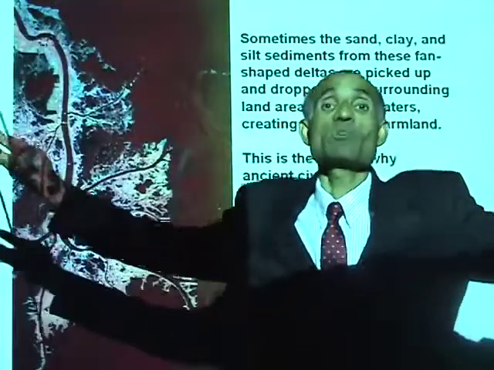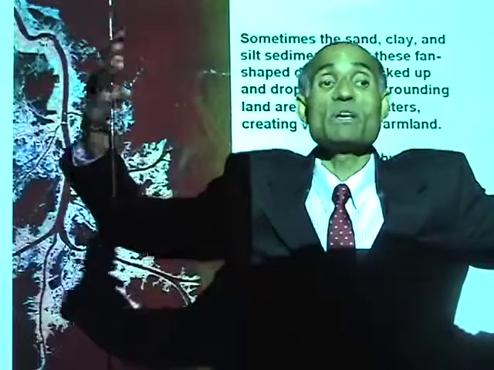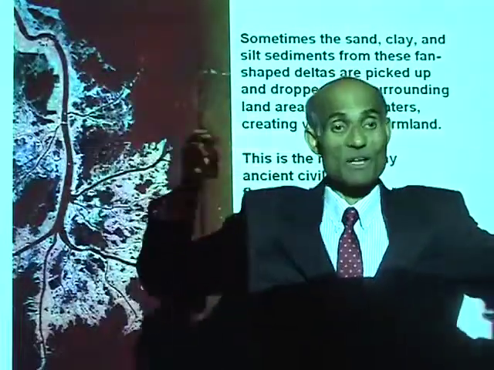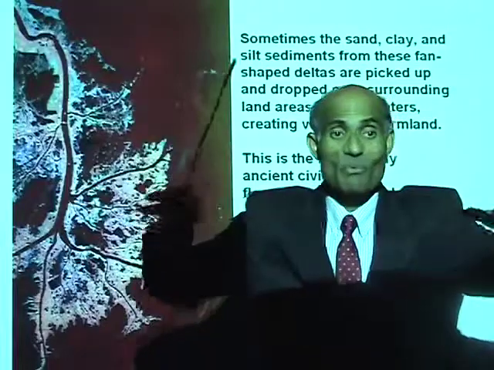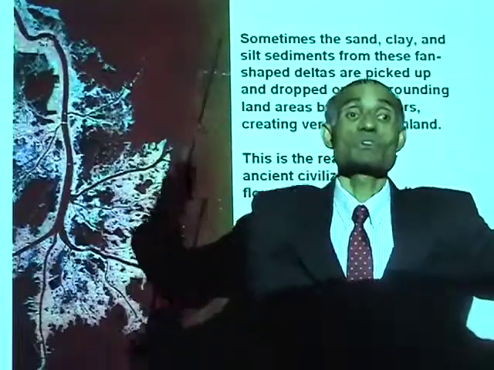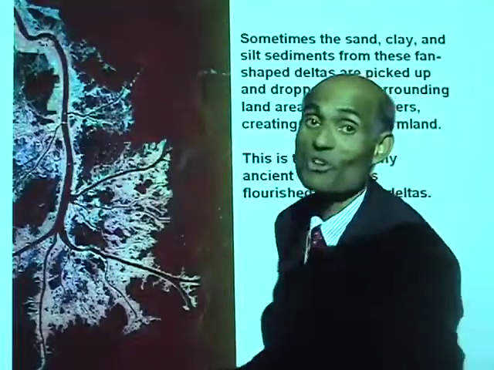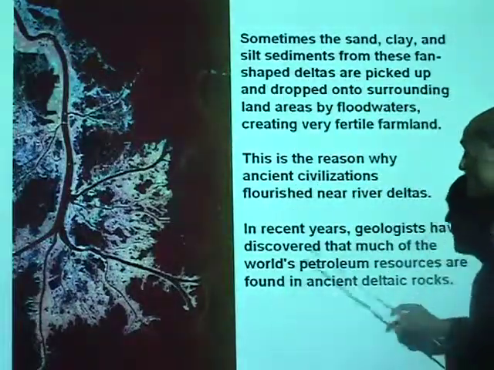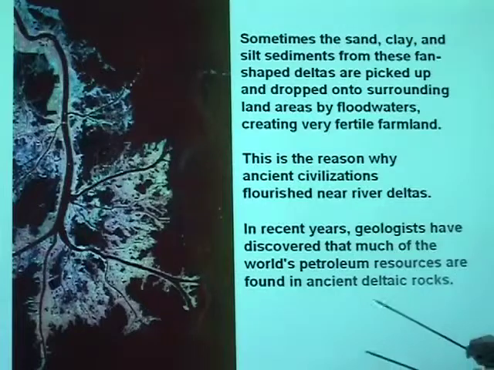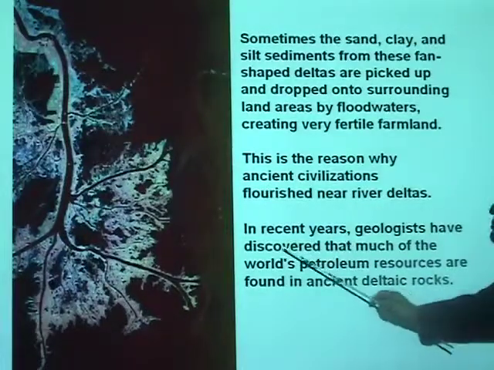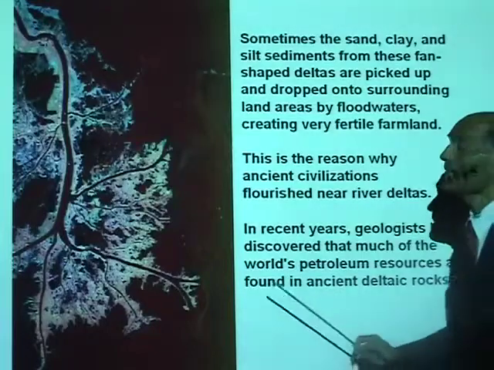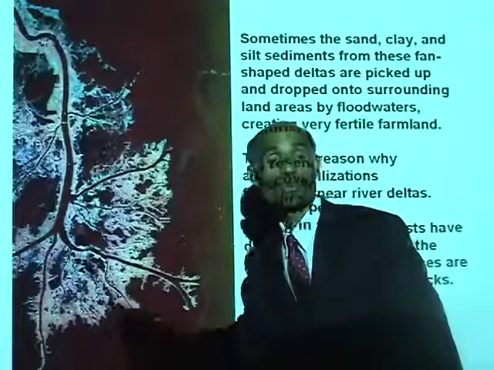You see, the debris and the nutrition that is carried from various parts were all deposited on the river deltas. And so civilizations flourished on the river deltas. In recent years, geologists have discovered that much of the world's petroleum resources are found in ancient deltaic regions.